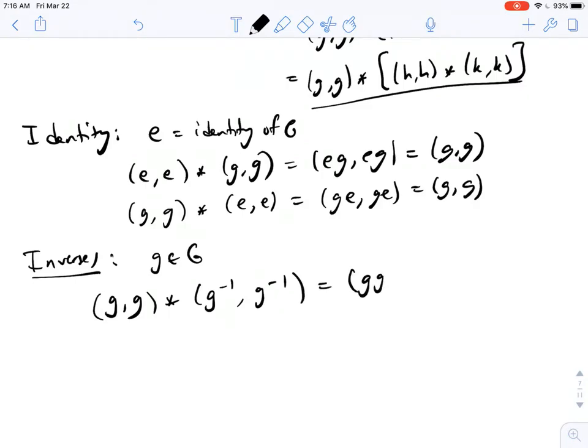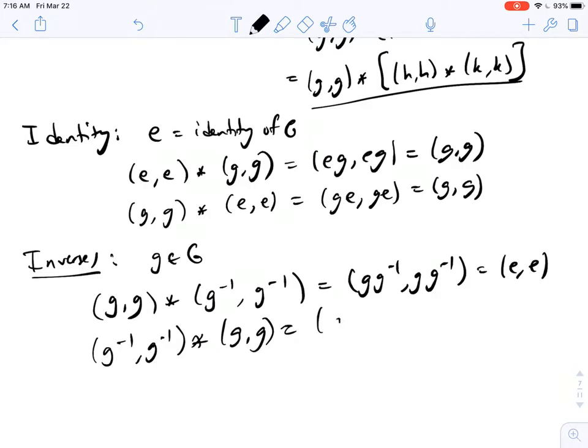And now I get (g inverse, g inverse), which is equal to (e, e), which is my identity. Okay, and of course I do it on both sides, but no big surprises coming here. All right, and that equals (e, e).